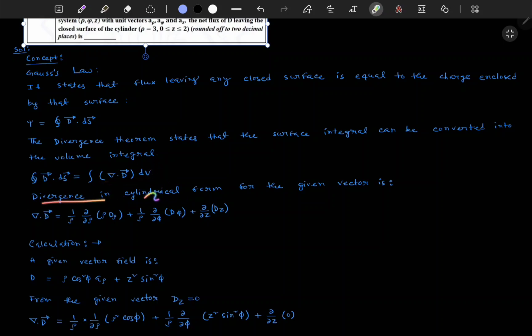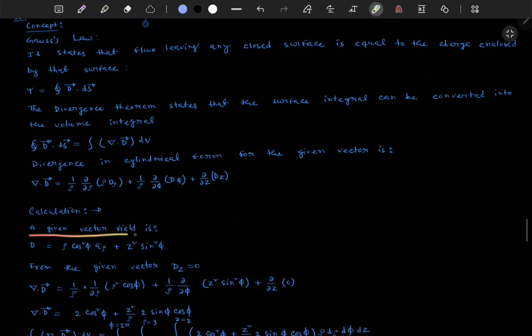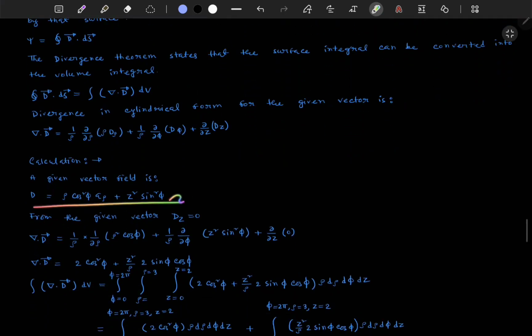The divergence in cylindrical form for the given vector is del dot D equal to 1 by rho del by del rho of rho D rho, plus 1 by rho del by del phi of D phi, plus del by del z of Dz. Now the calculation: the given vector field is D equal to rho cos square phi a rho plus z square sin phi a phi.